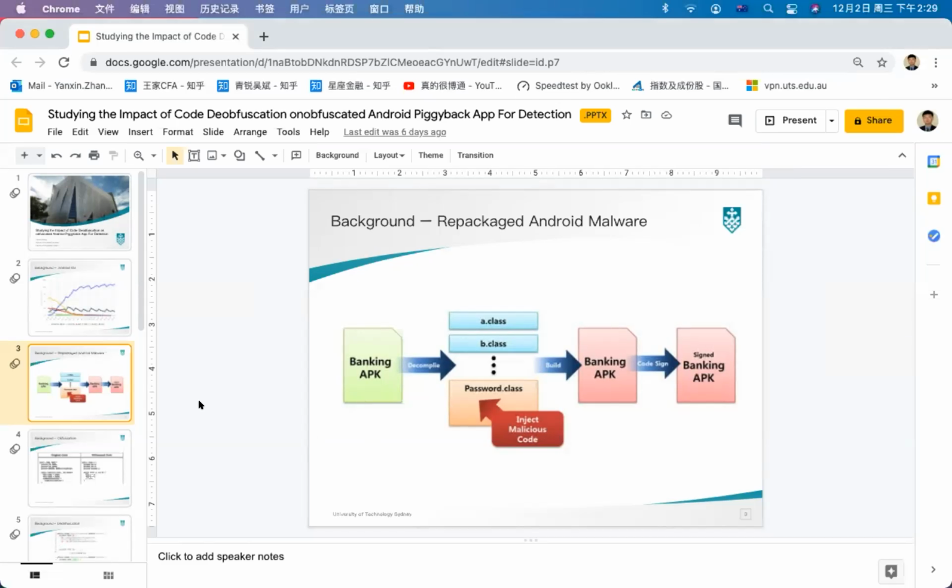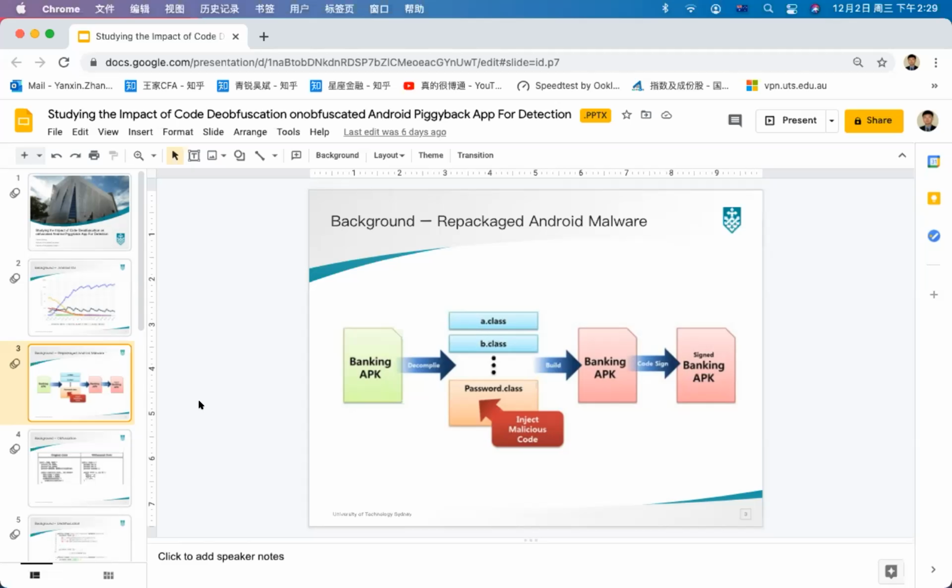After that, so far the antivirus industry has developed many tools, such as famous antivirus products like Kaspersky or VirusTotal.